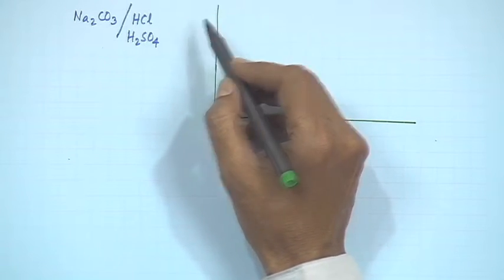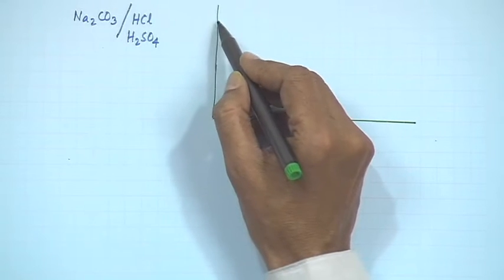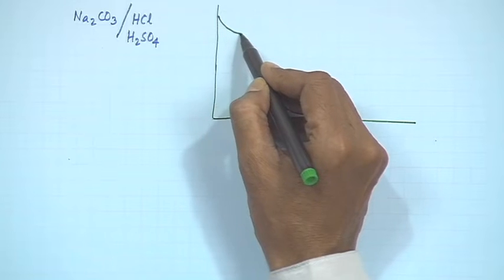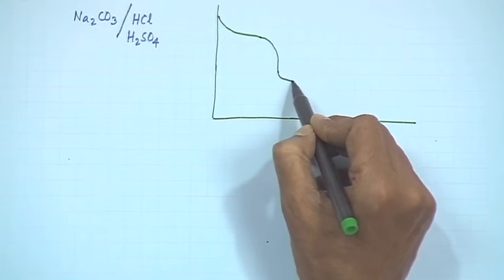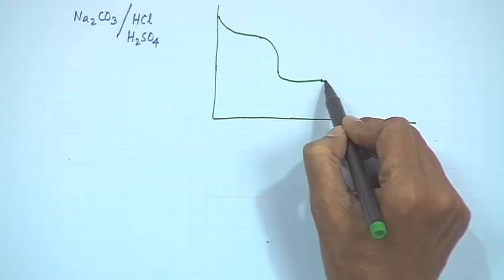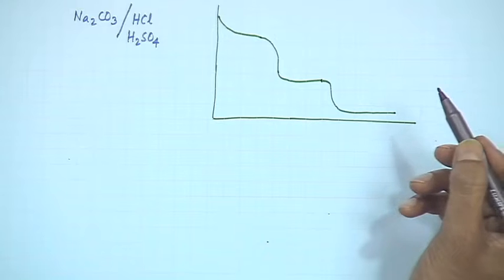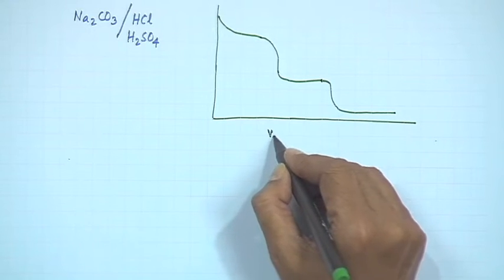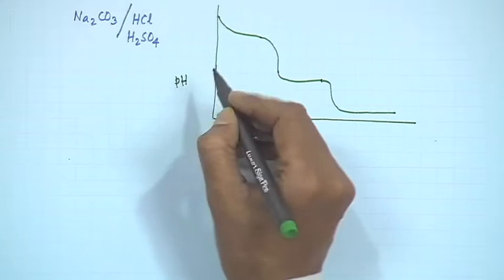So, if we start from your sodium carbonate solution which has a very high pH value, and since we have two steps of this protonation reaction, we will get a plot like this with respect to the volume of acid added and the change in the corresponding pH.